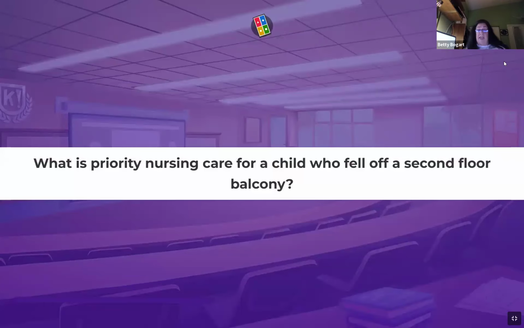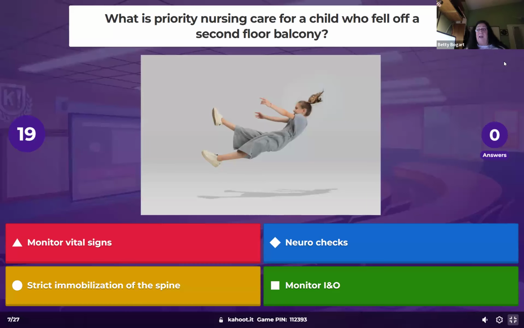What is priority nursing care for a child who fell off a second floor balcony? I've actually seen three. One did okay, one did so-so, and one didn't do well at all. They went up on the tables and the chairs, young kids, and looked down over the little railing and fell off.